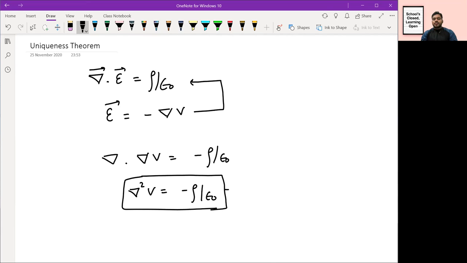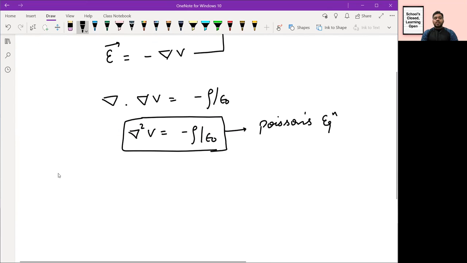This equation is known as Poisson equation. Yeah, I know it's written as Poisson's, but it's called Poisson equation. N is kind of silent, right? Where rho is charge density. Del square V is equal to minus rho by epsilon naught, right?